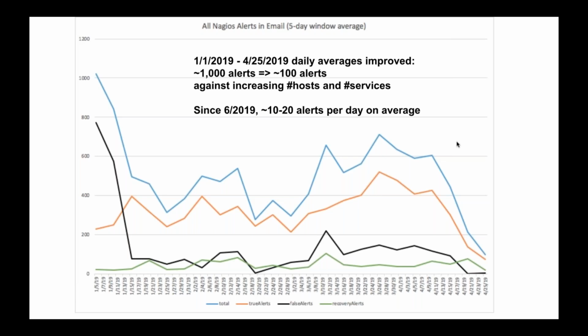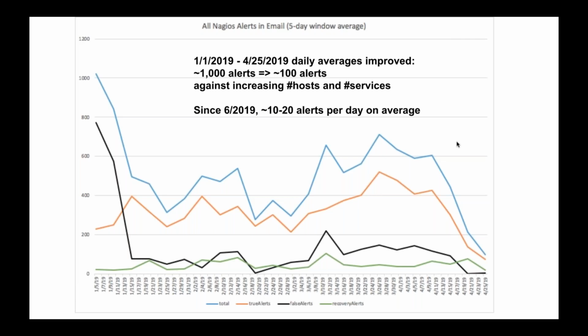And then after we deployed the solution to the first big cluster, you can see a sharp decline in the number of alerts. So by end of April, after we deployed the solution to all the compute clusters, the alerts were reduced from 1,000 to about 100.